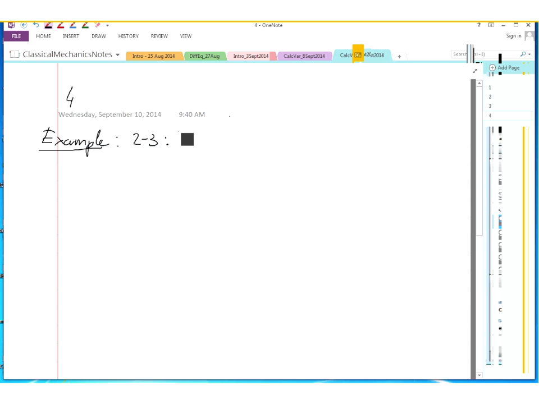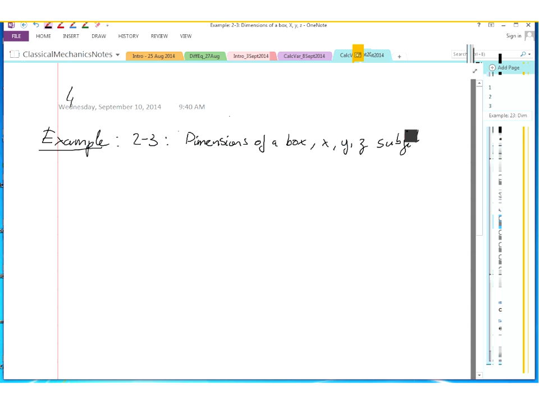So we want to calculate the dimensions of the box. And we'll call those dimensions x, y, z, subject to the constraint that the area of the box is 2a.